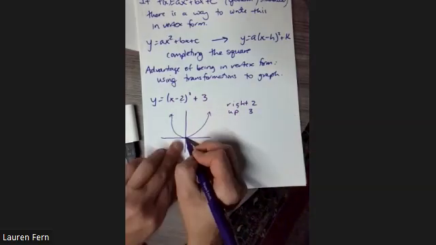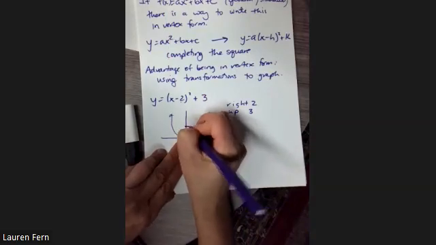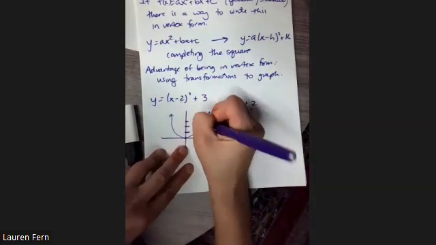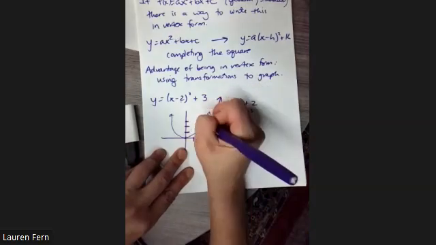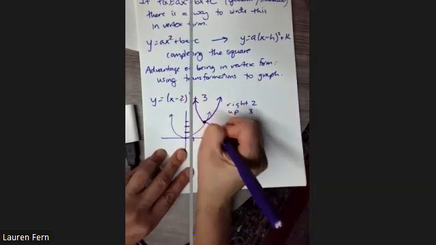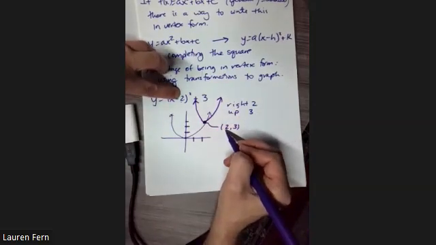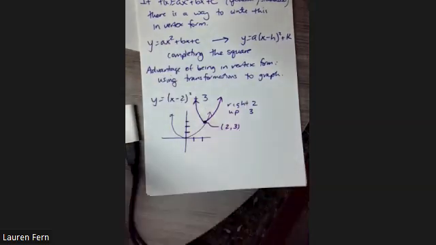Well, if I take this and go right 2 and up 1, 2, 3, there is my parabola. And notice our vertex is 2, 3. Okay.